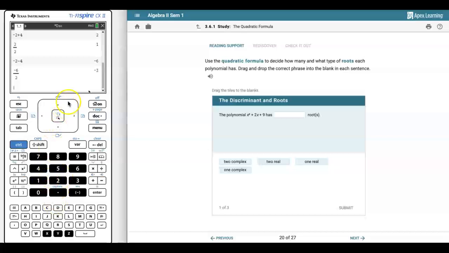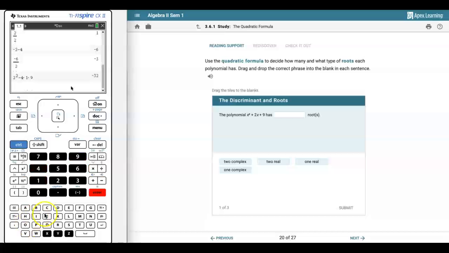On my calculator, I'm looking at 2 squared minus 4 times 1 times 9. I end up with -32. So I'm going to have 2 complex roots, because it's a negative number.